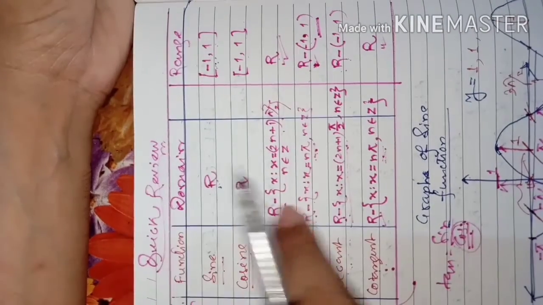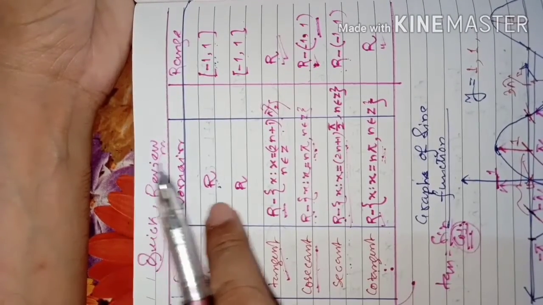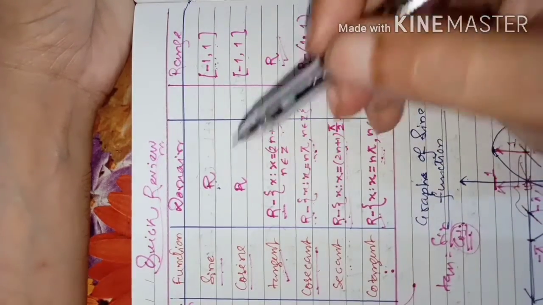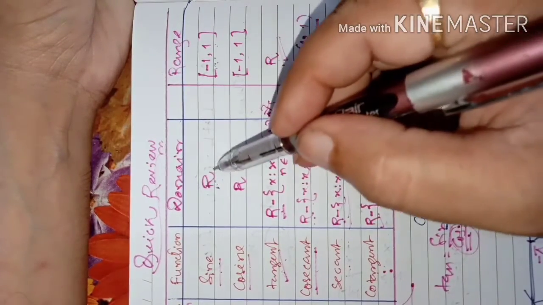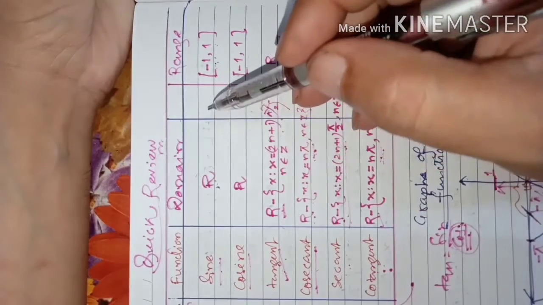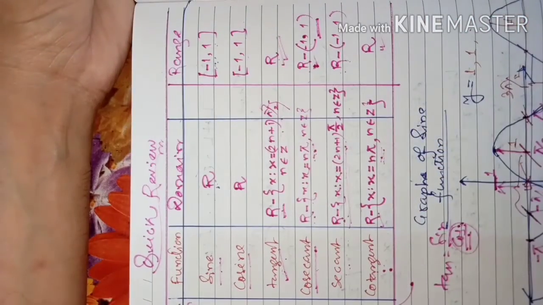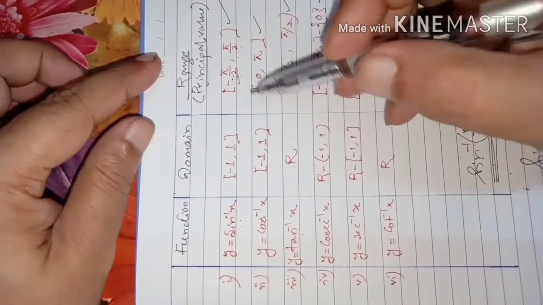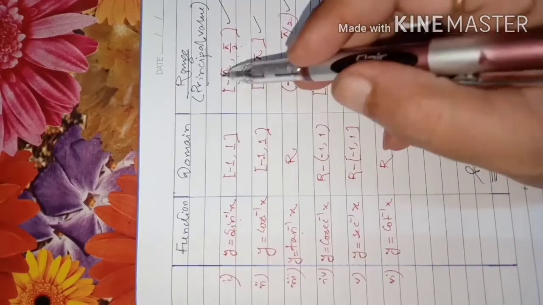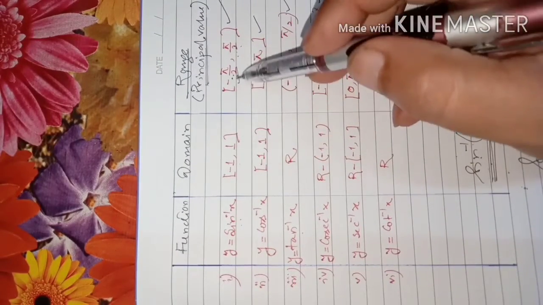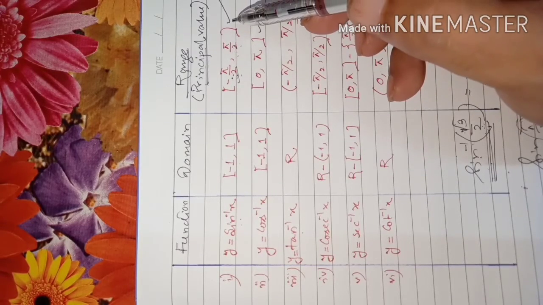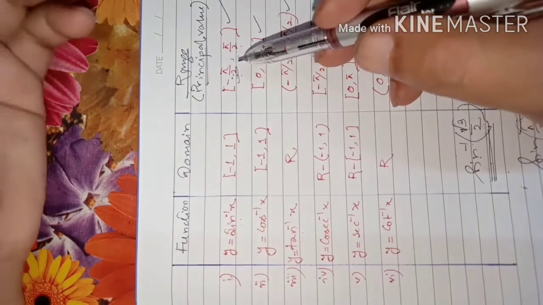And in the range, from this domain we have to find the particular ranges, because for the whole domain this inverse function does not exist. That means for the domain -1 to 1, you can't say that the whole range will be R, because it will not be one-one and onto.